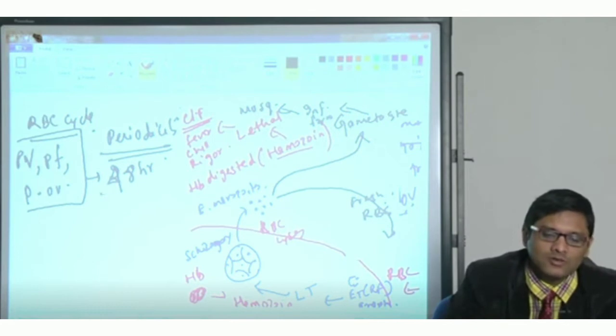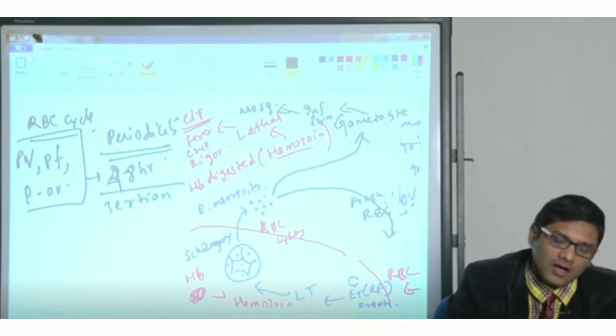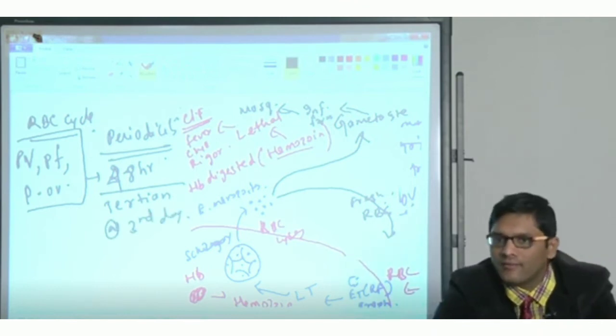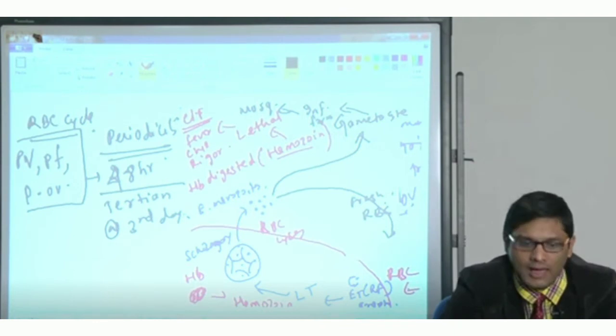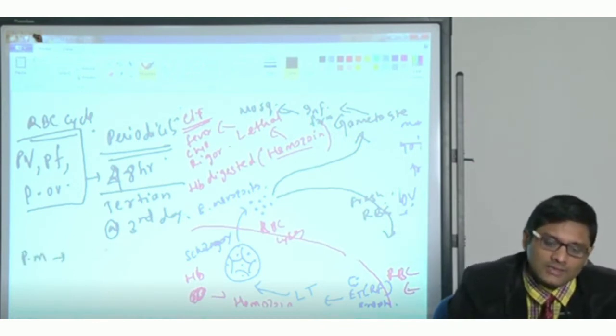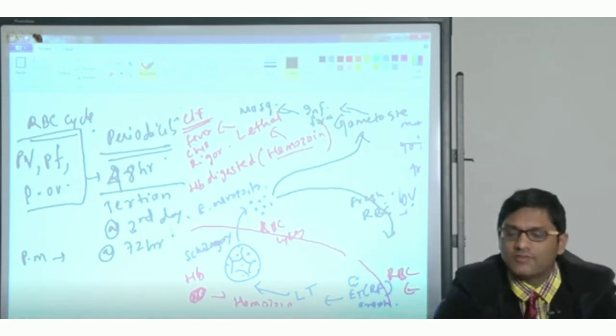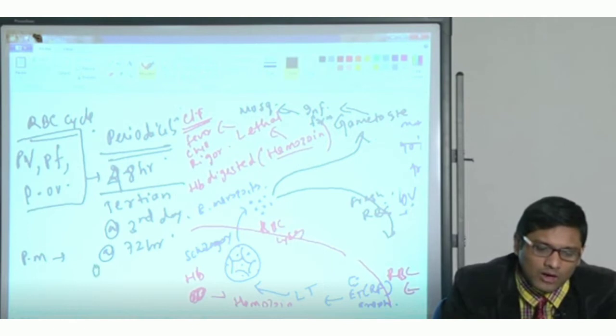That is why they produce tertian malaria, that is, fever occurs every third day. For Plasmodium malariae, the fever occurs every 72 hours, that is every fourth day, which is called quartan malaria.